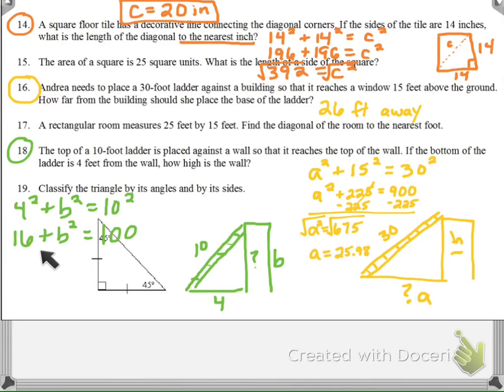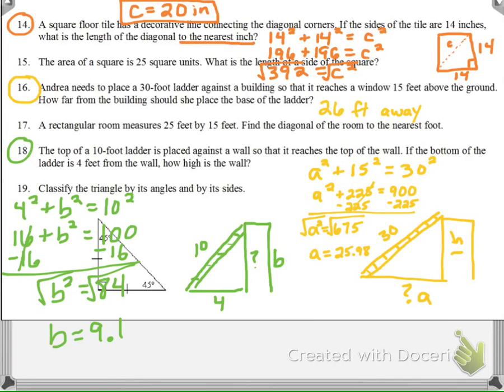So now I have to move the 16 to the other side, subtract 16 from both sides, and I get B squared equals 84. So to get rid of the squared, I do the square root. And I get B equals 9.165. Okay? So I'm going to say that the wall is 9.2 feet tall.